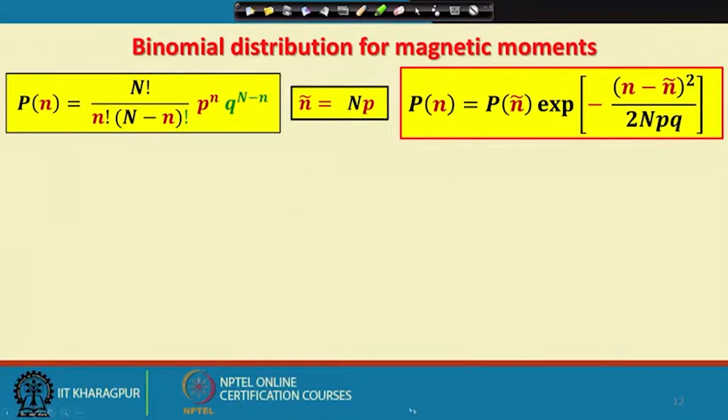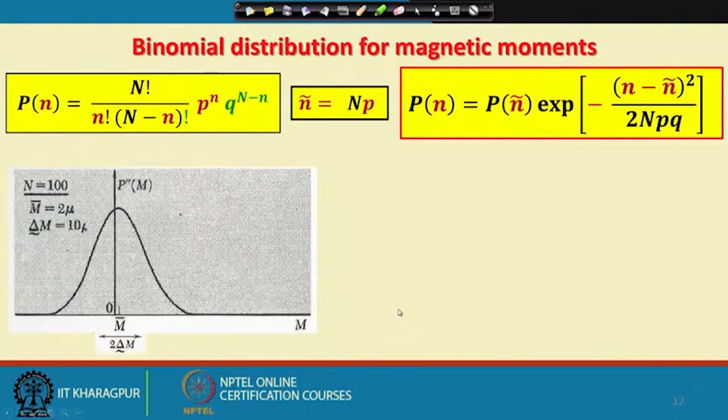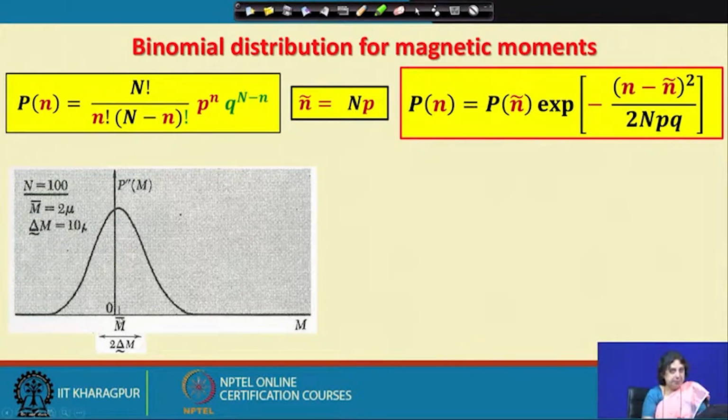Now, for n equal to 100, I saw that the values of capital M, or equivalently small m, were nearly continuously changing. Therefore, the distribution function could be represented like this, with a maximum around m bar.